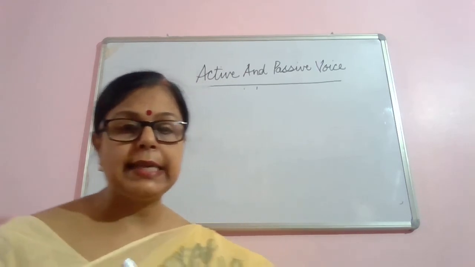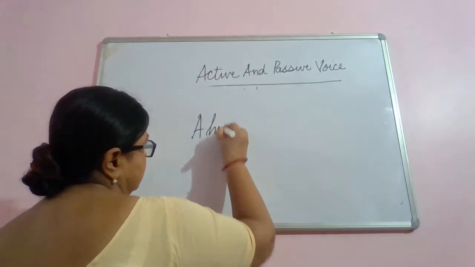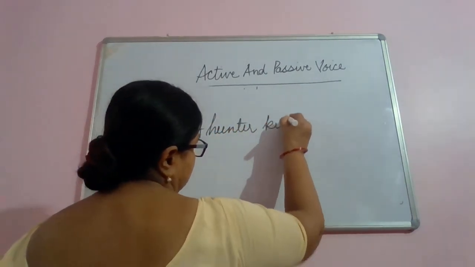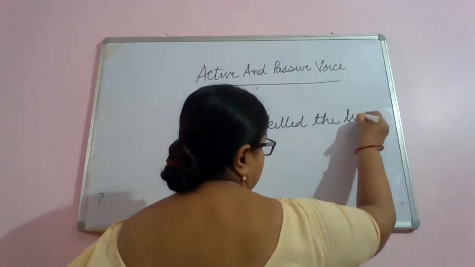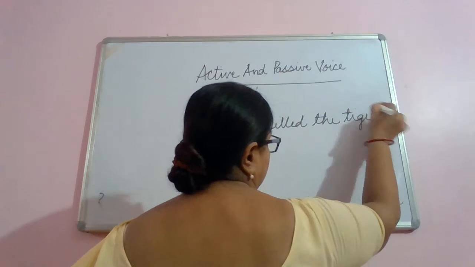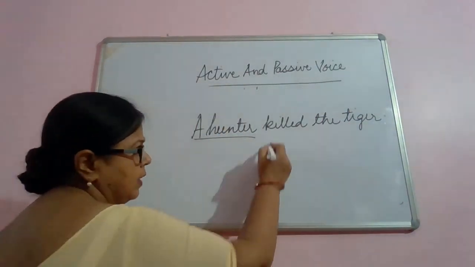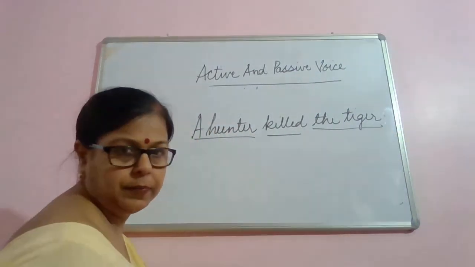Suppose we say, a hunter killed the tiger. What is it? The hunter is the subject, killed is the verb, the tiger is the object.